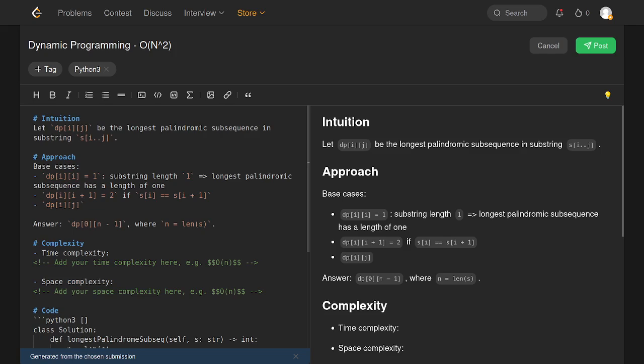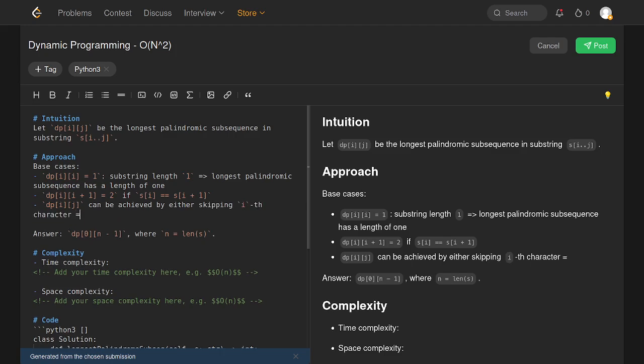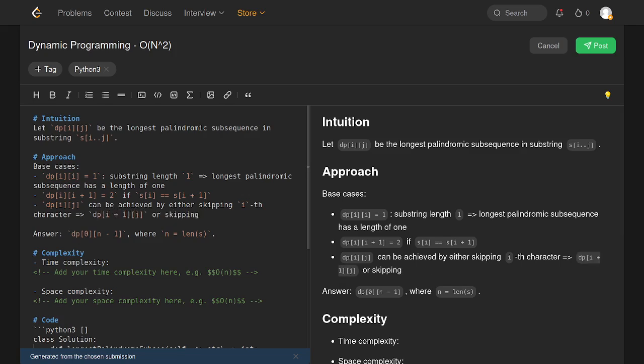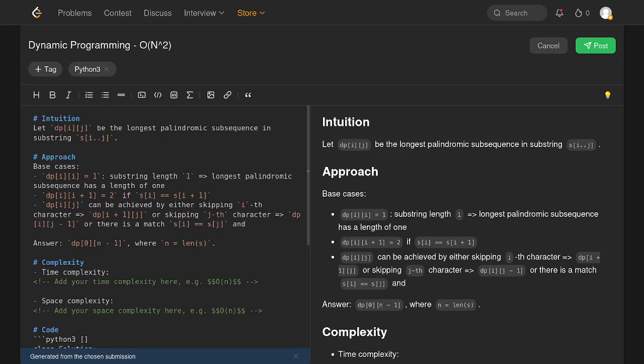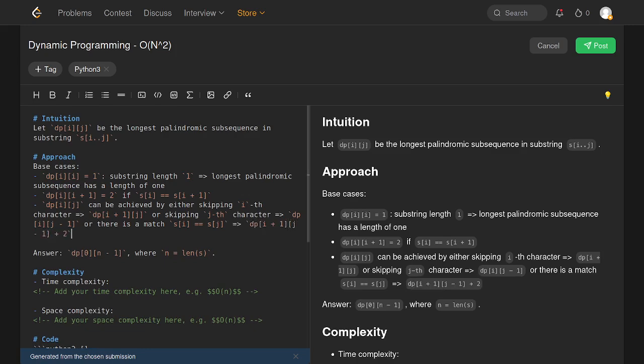And dp[i][j] can be achieved by either skipping the ith character, dp[i plus 1][j], or skipping the jth character, dp[i][j minus 1], or there is a match s[i] equals s[j] and dp[i plus 1][j minus 1] plus 2, right?